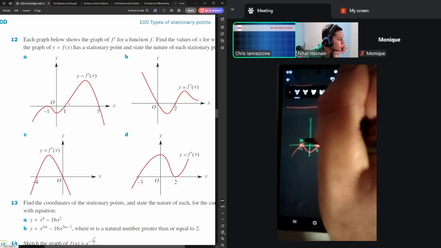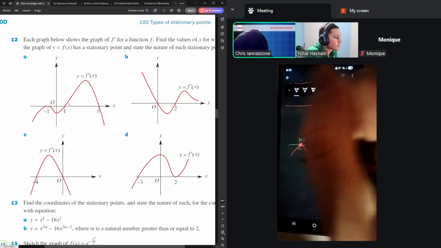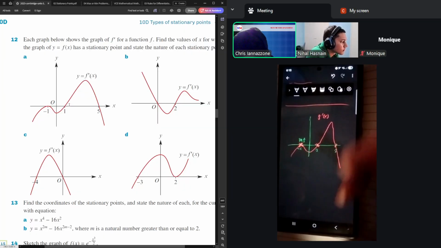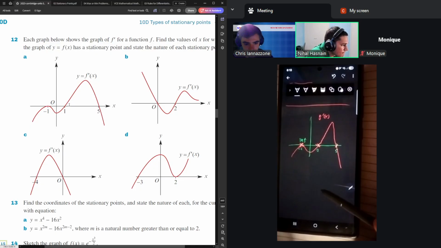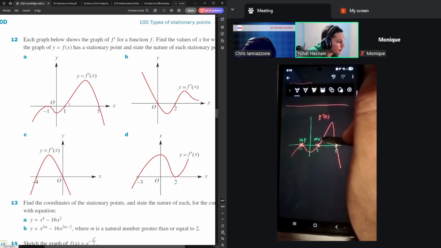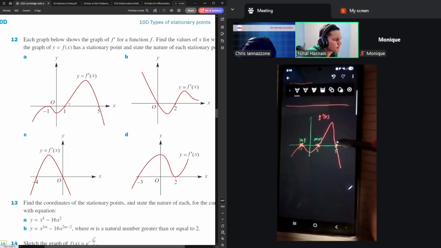Okay, I'll label that inflection. We'll go through the reasoning behind them all afterwards. Were you going to do them one by one, or did you want me to? Okay, I'll go through them. The other two are just local maximum and minimum. So at 1, it's a max. Yeah, it's a maximum. Yep.